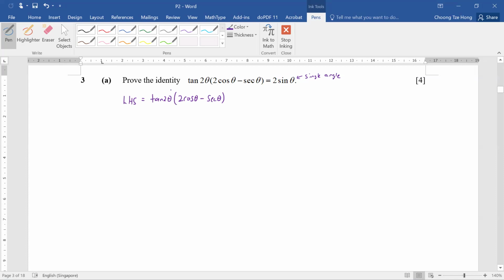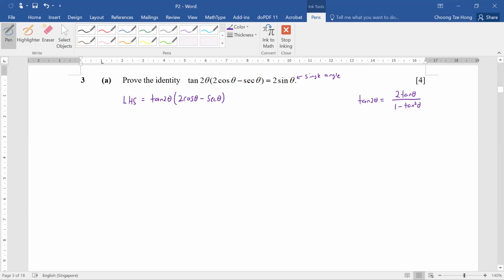But if you recall, the double angle formula for tangent is tangent 2 theta equals 2 tangent theta over 1 minus tangent square theta. If we were to replace tangent 2 theta with this, it's actually going to make the expression rather complicated.